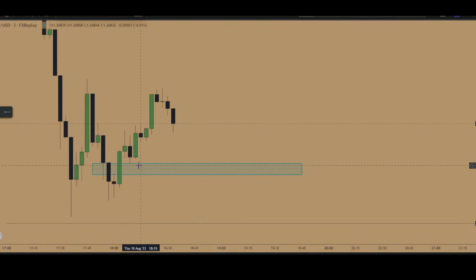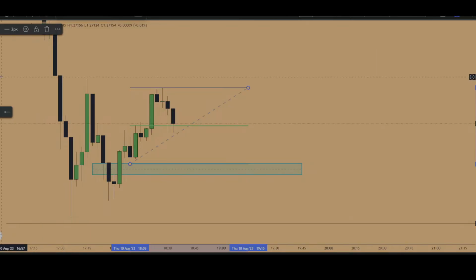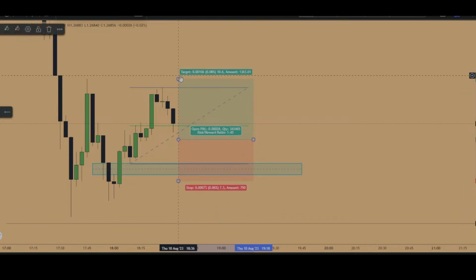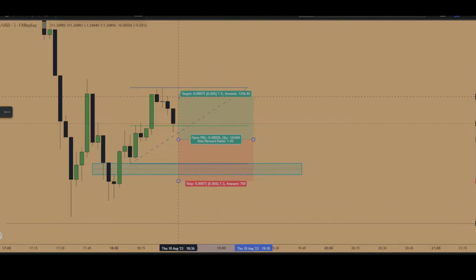We have a balance price range. Okay. Let's see whether we can do these two, one trade. Let's see.